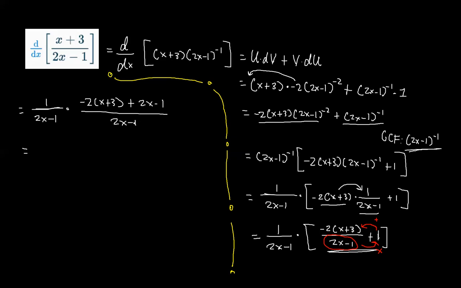That's it, finally. Now I'm going to distribute negative 2 to this binomial. So I will have 1 all over 2x minus 1 times negative 2x minus 6 plus 2x minus 1.